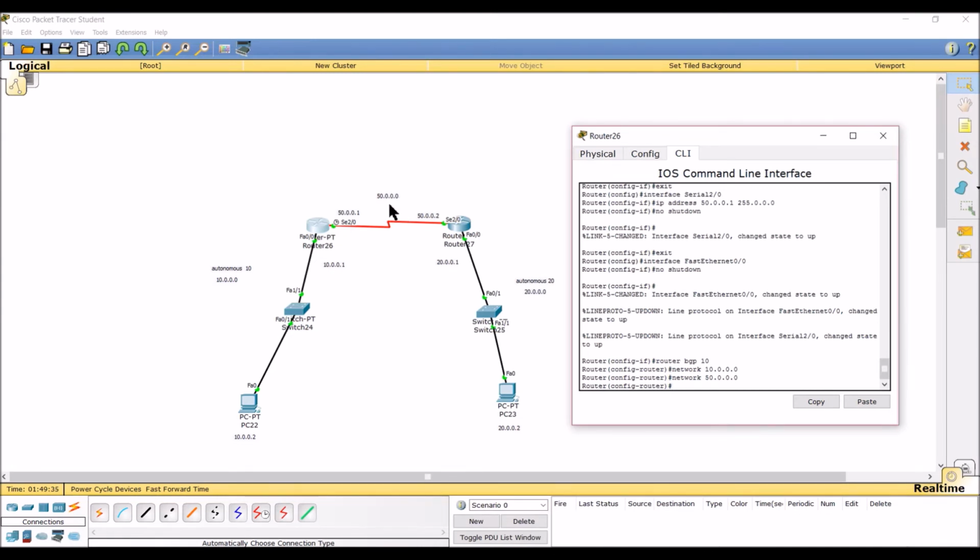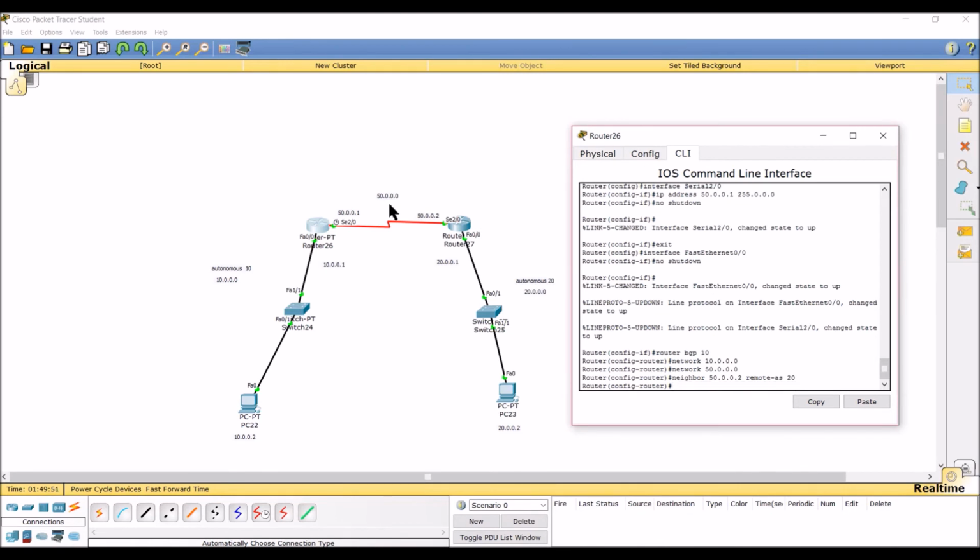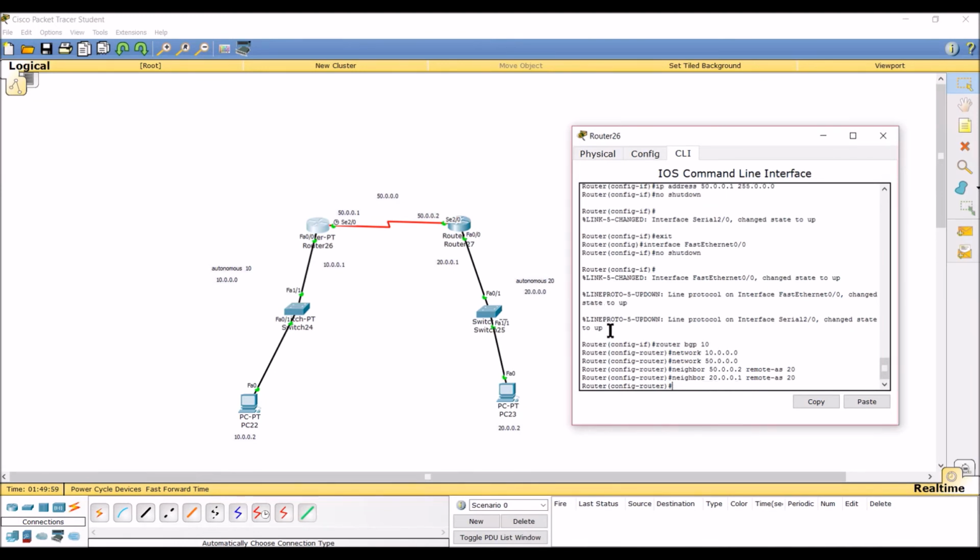Now the special command we have to use for BGP is neighbor 50.0.0.2 remote-as 20, and neighbor 20.0.0.1 remote-as 20. I'm going to explain what this command is. For this router, the neighbor is this router, and the IP address of this router's serial port is 50.0.0.2.